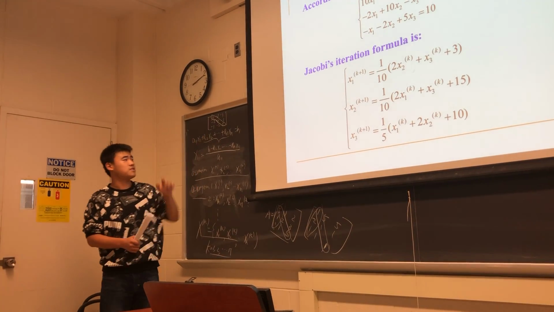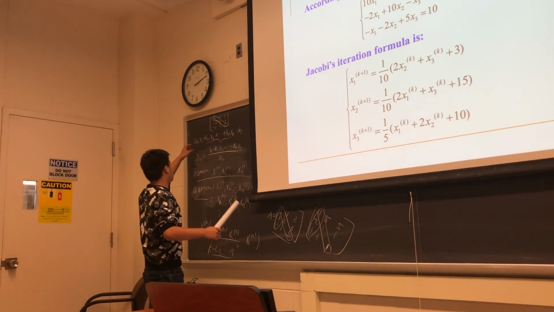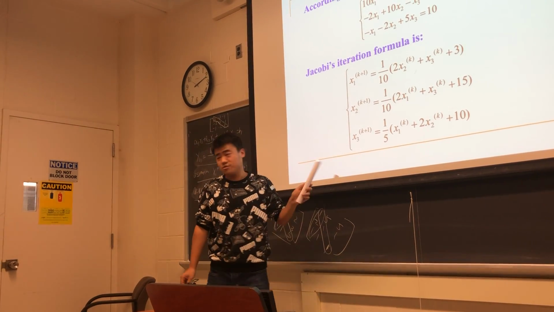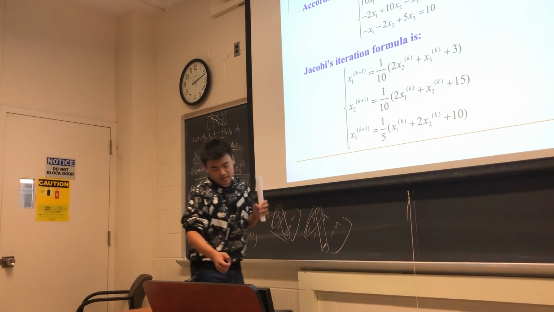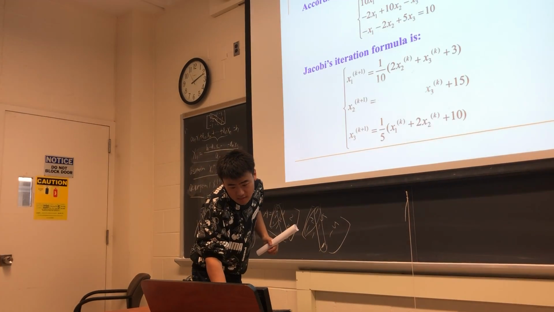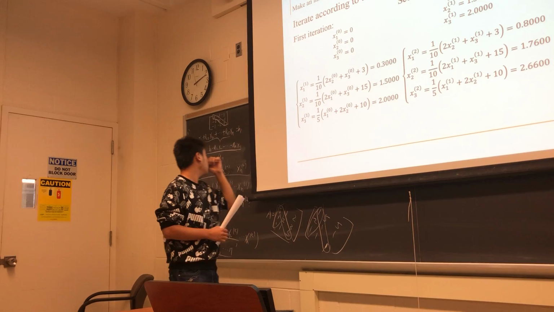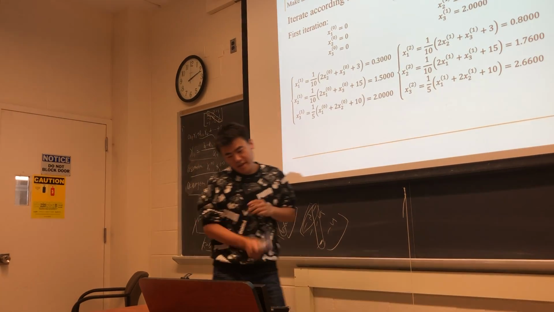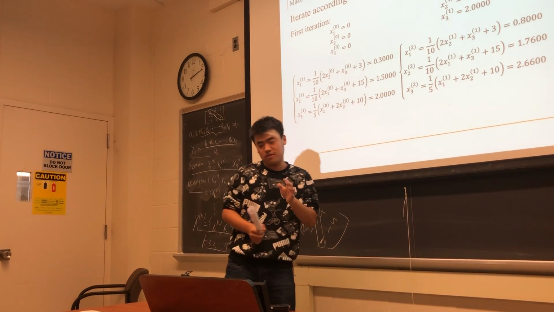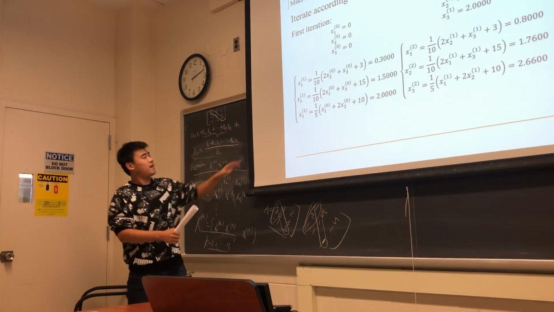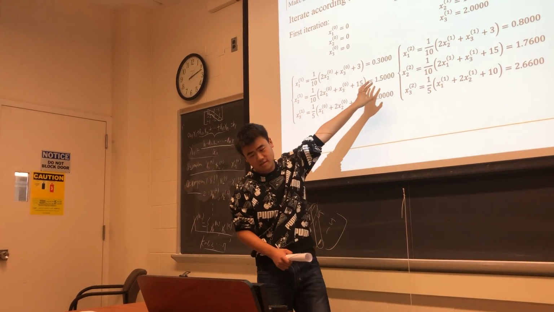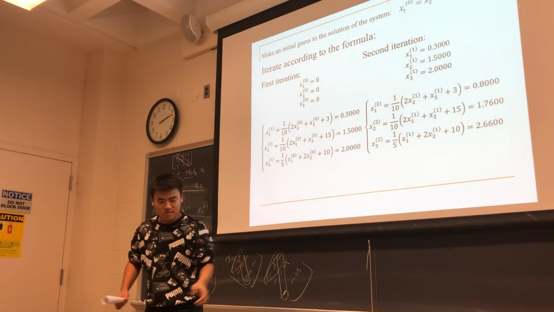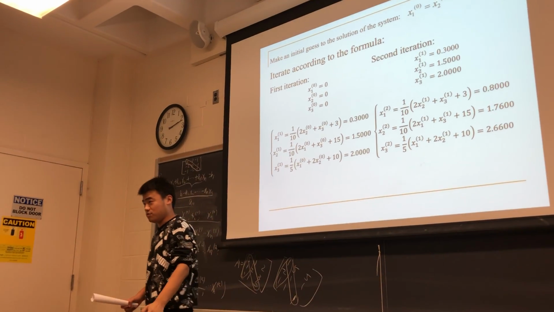rewrite our equations, and we can get the Jacobi's iteration formula like this. And we know that the zero assumption of the solution is 0, 0, 0, and we use 0, 0, 0 to start our first iteration, and we can get the first assumption of our solutions is 0.3, 1.5, and 2.